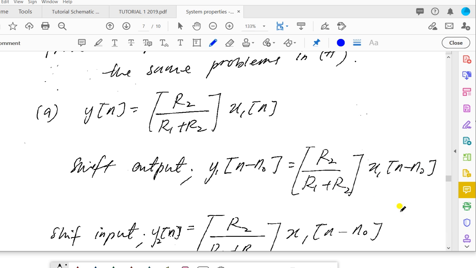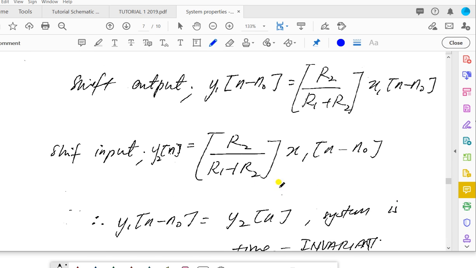Okay. So when you shift input, you shift only xn. For shift output, you shift all that is n.